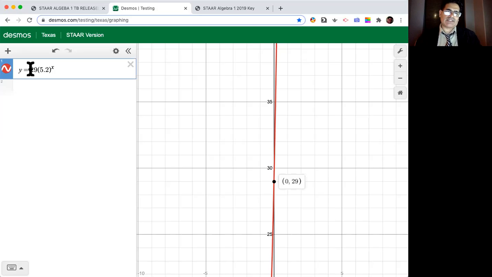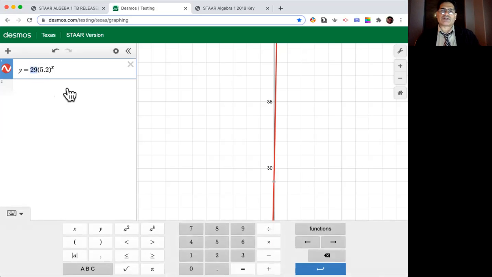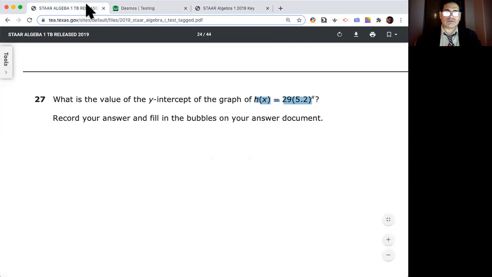If you see this again, remember the number in front of the 5.2, the number in front of whatever's in these parentheses raised to the x, because you might see it again in this format. So it says bubble in 29.